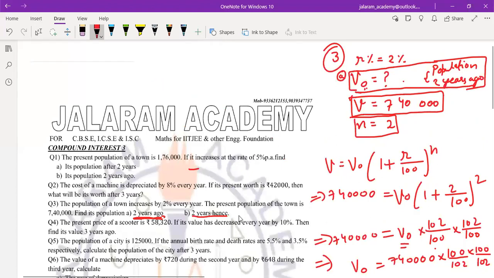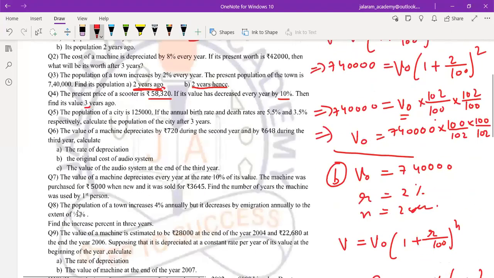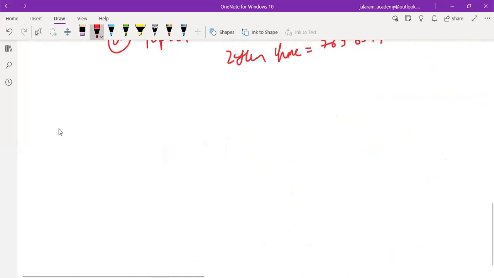Now, if we discuss question number 4: the present price of a scooter is rupees 58,320. If its value has decreased every year by 10%, then find its value 3 years ago. So directly use the formula for these types of questions.